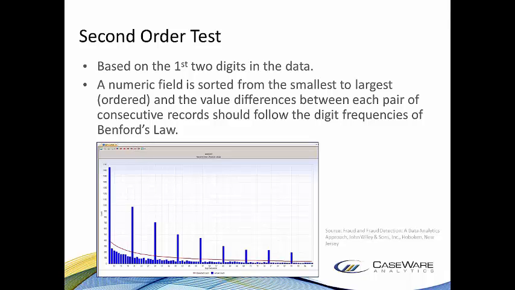we're talking about the second order test, and it's also based on the first two digits in the data, but the numeric field is sorted from the smallest to largest number, and the differences between each pair of consecutive records are used for the graph.